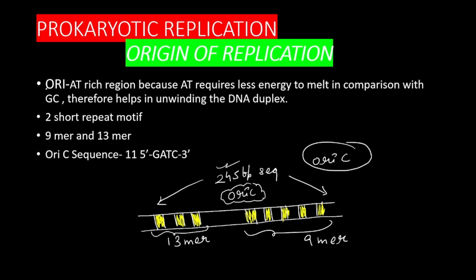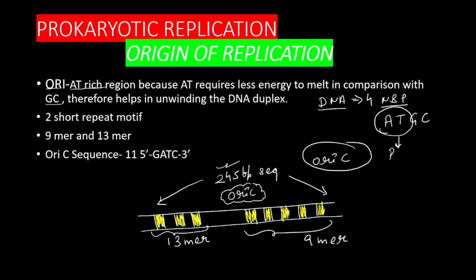ORI is an AT-rich region, because AT requires less energy to melt in comparison with GC. We all know that in a DNA we have 4 nitrogenous bases, A, T, G and C. But in the case of the origin of replication, this is an AT-rich region.